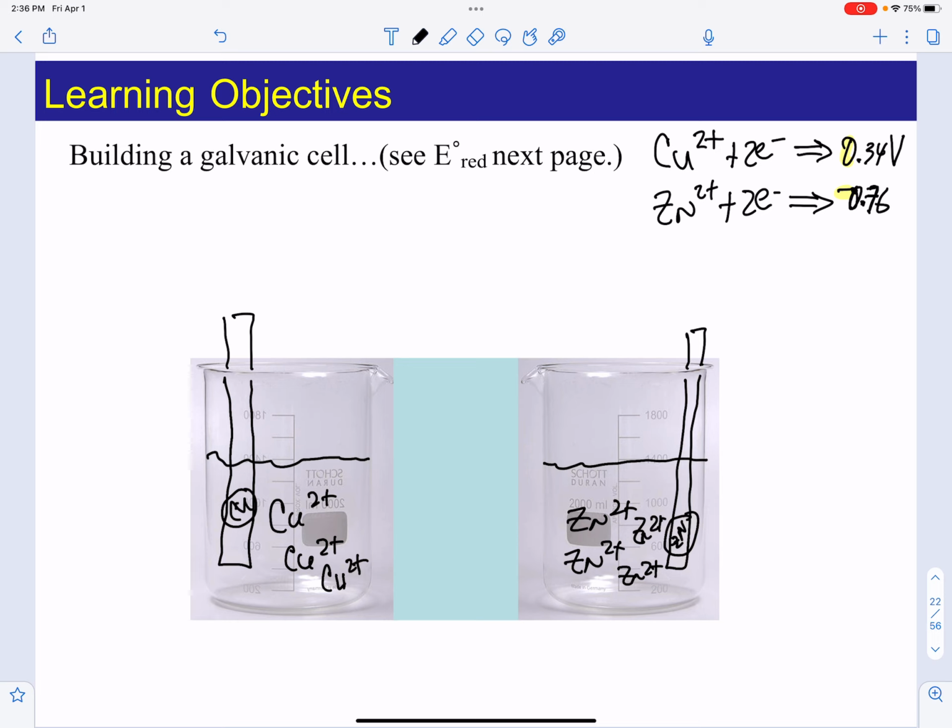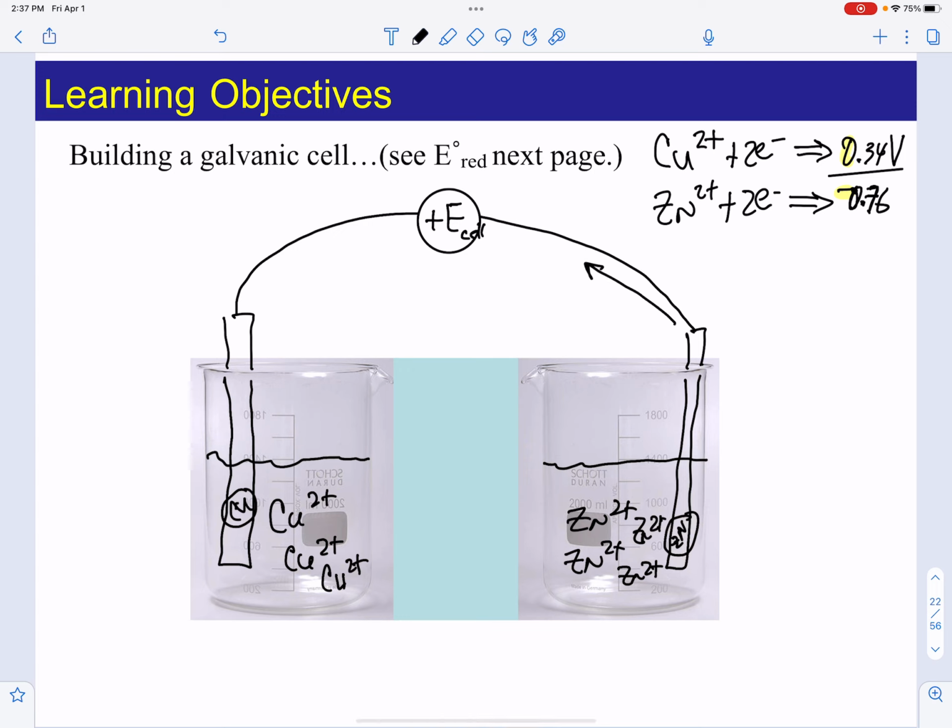So that tells me that if I connect this with a wire and I put a voltmeter right in the center, I'm going to see a movement of electrons with an overall cell potential, where the electrons are going to go toward the one that can be reduced easier. So this is the way the electrons are going to go.